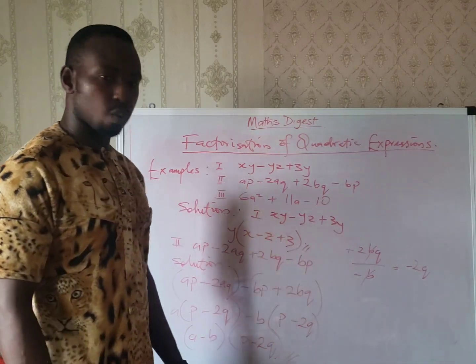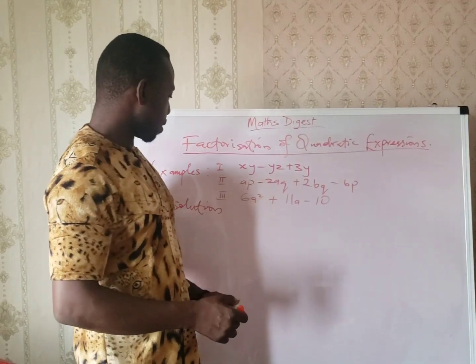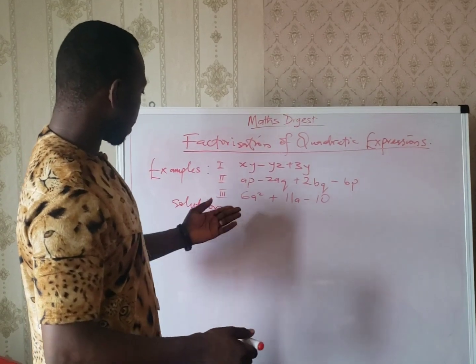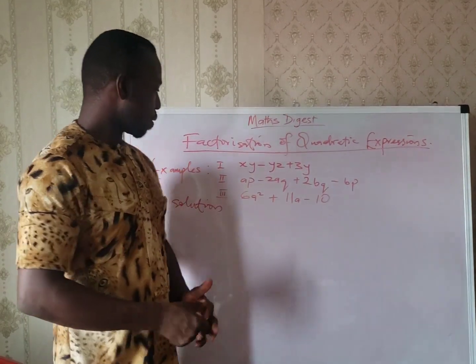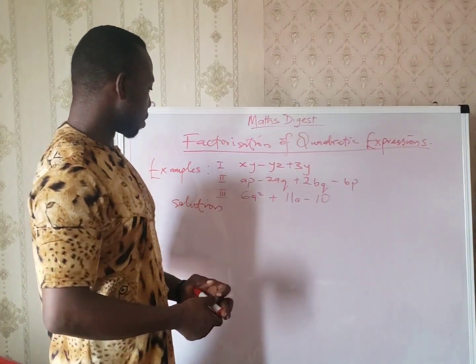Okay, so quickly we are going to take the third one. For this third example, let's remember this is factorization by trial and error, or we call it scissors method.